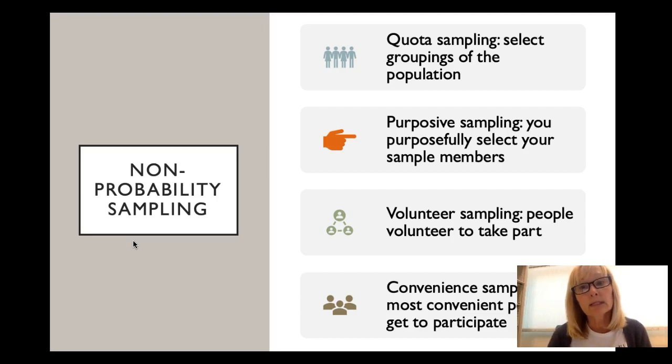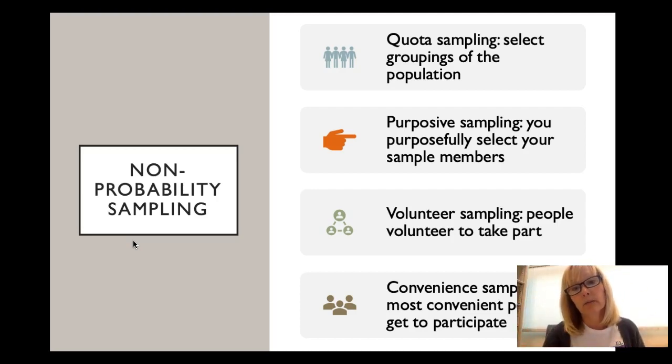One is through quota sampling, meaning that if I want to, say, have a certain number of participants who are male and a certain number of participants who are female, or maybe a certain number who work 2 to 5 years at a business, and then a certain number of people that work over 5 years, so that I have a representation from different segments of the population.